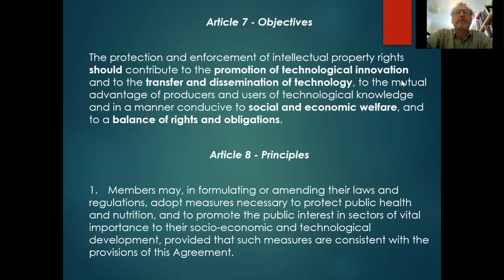And promote the public interest, which is perhaps a reminder that intellectual property really is not, well, I don't want to be too sweeping about this, but intellectual property is largely something that is meant to benefit society as opposed to just inventors or just artists or writers. It's meant to benefit society as a whole.